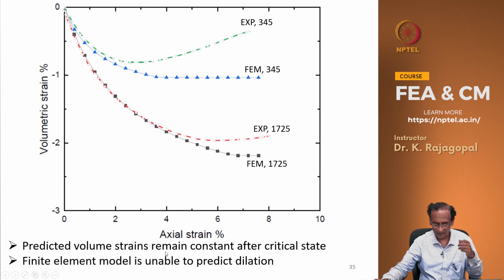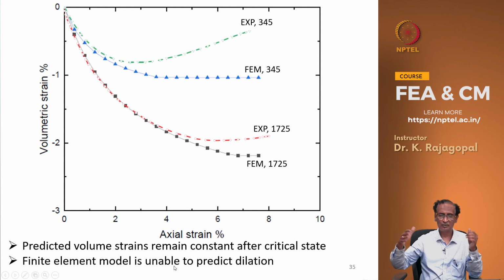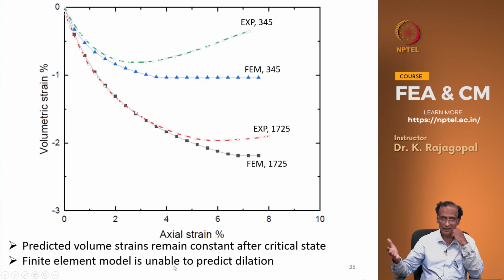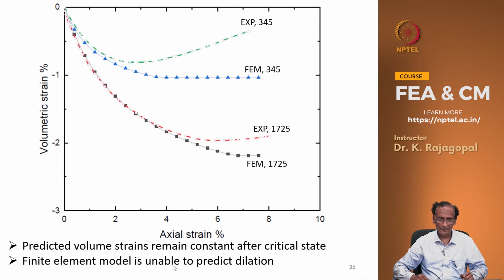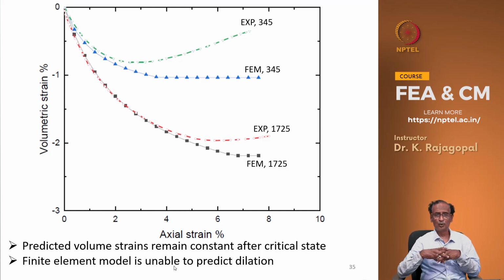Okay, after the critical state, the finite element predicted volume strains have remained constant, but the finite element model is not able to predict the dilation. So that's a slight improvement in the original hyperbolic model, that we are able to predict the constant volume state after the limit state, but we are not able to represent the failure.